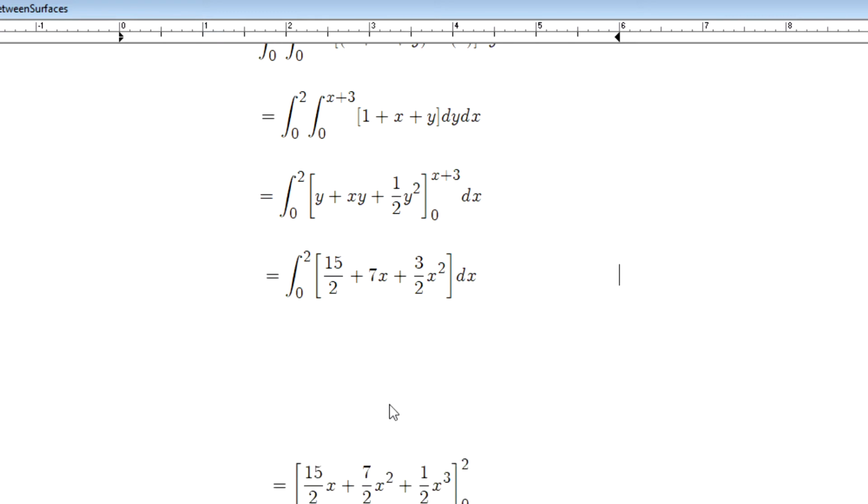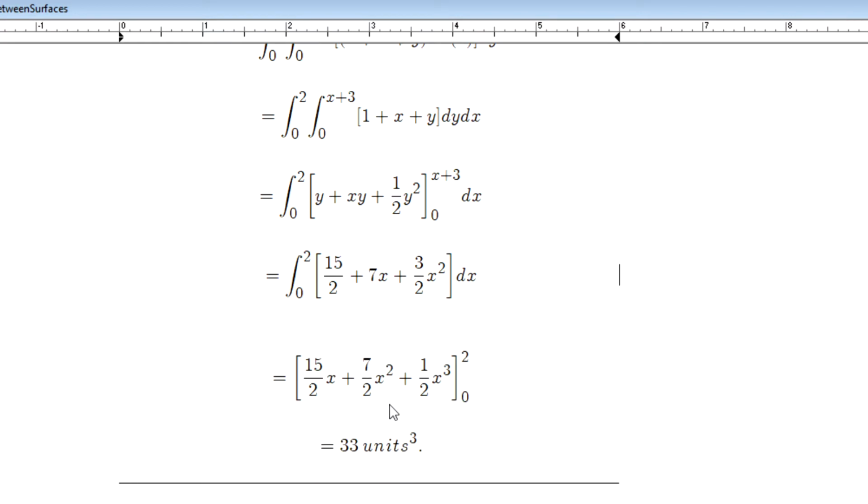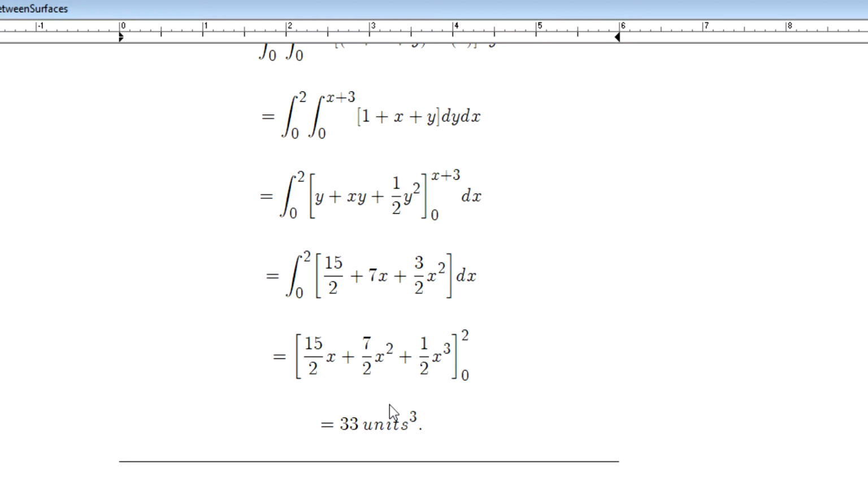So if I bring that into the picture, we can see this antiderivative, which we now want to evaluate across those bounds. At a bound of 0, all of this will zero away. But if I make x equal to 2, this will become 15, this will become 14, and this will become 4. So 15 plus 14 plus 4 add up to 33.